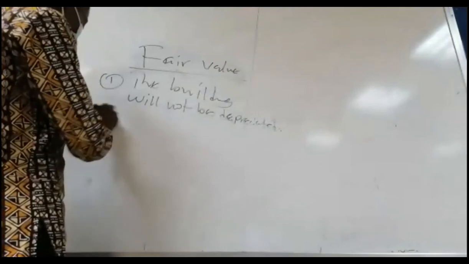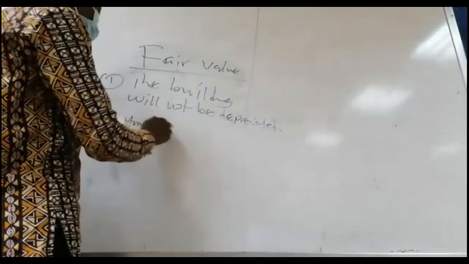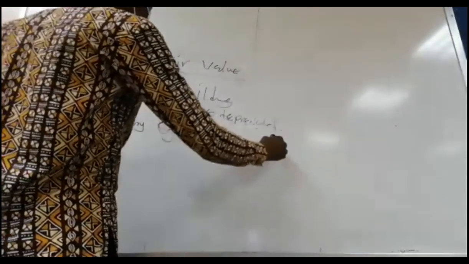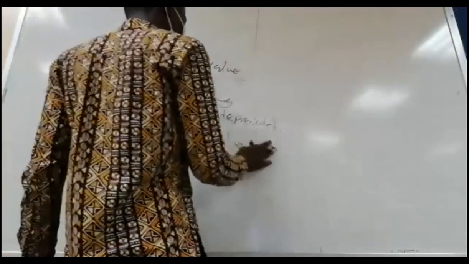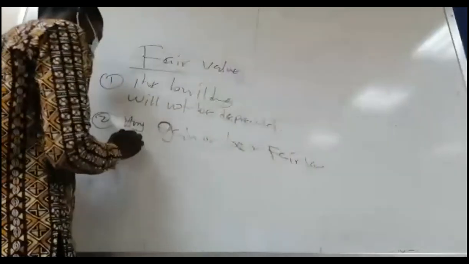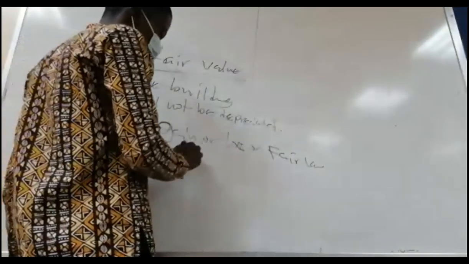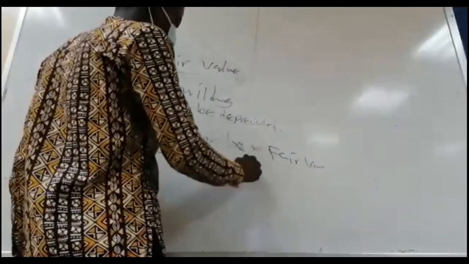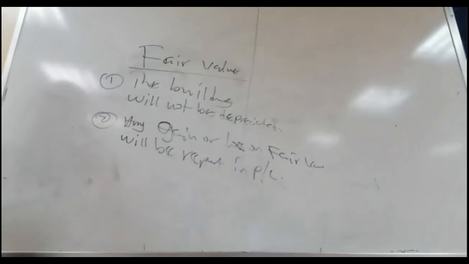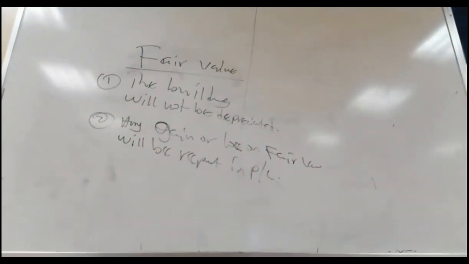Then come again, two. Any gain or loss on fair valuation will be reported in profit or loss. Any gain or loss on fair valuation will be reported in the P&L.